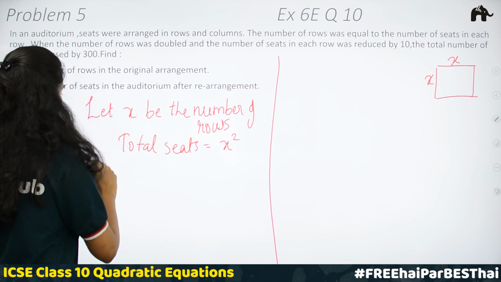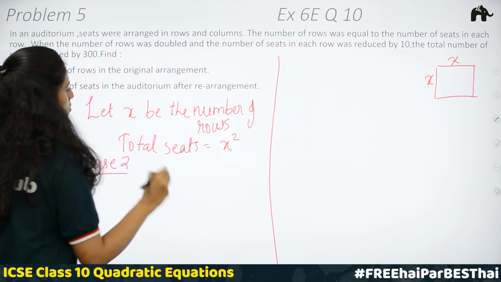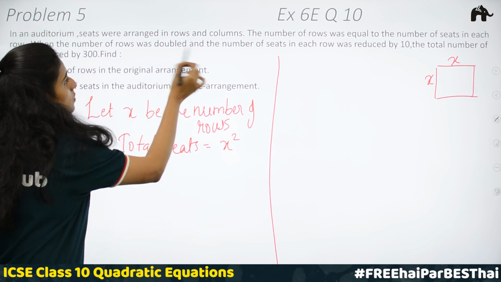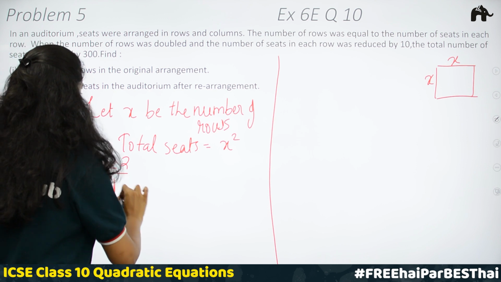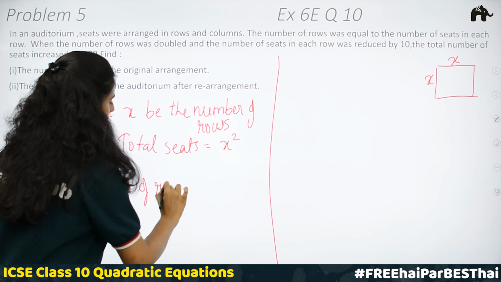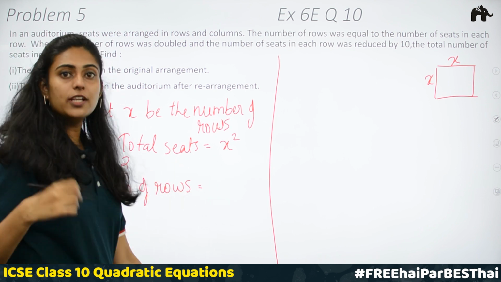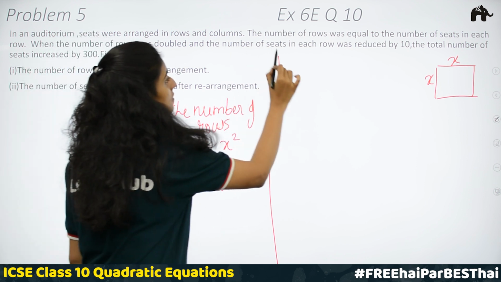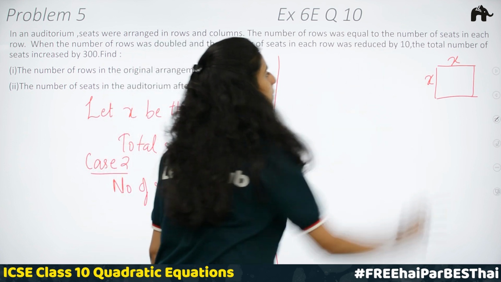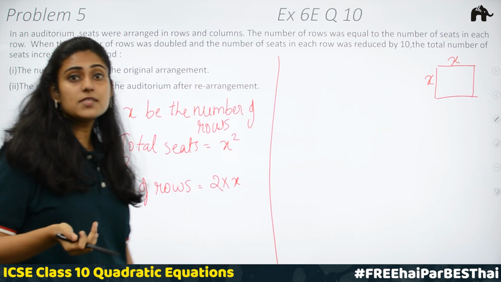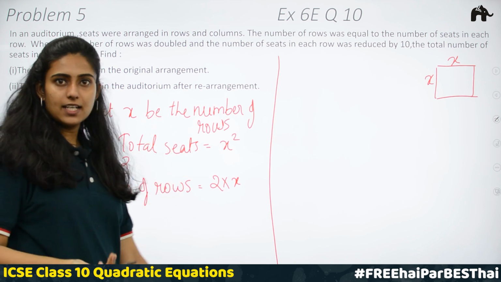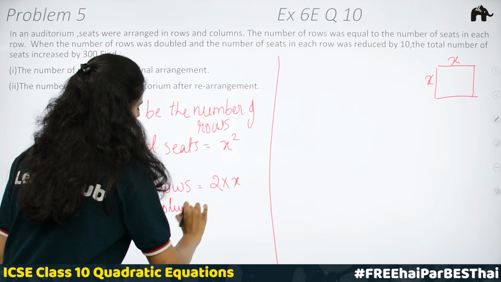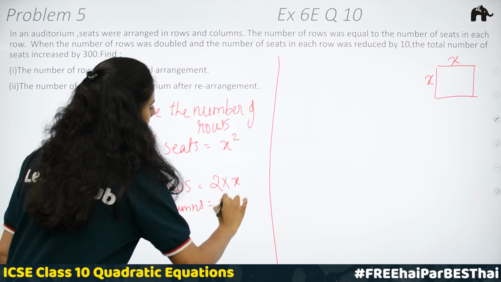Now, we have case 2. In the second case, what is happening? When the number of rows was doubled, then number of rows is equal to 2 into x. And the number of seats in each row was reduced by 10, which means the number of columns is equal to x minus 10.